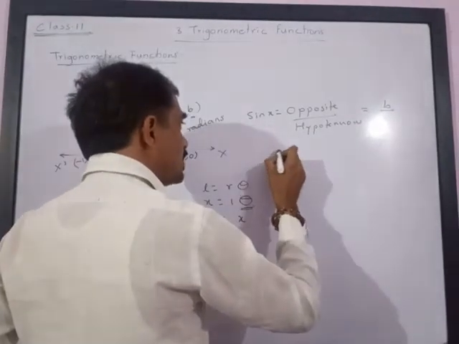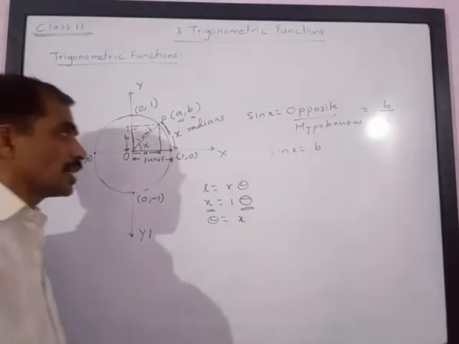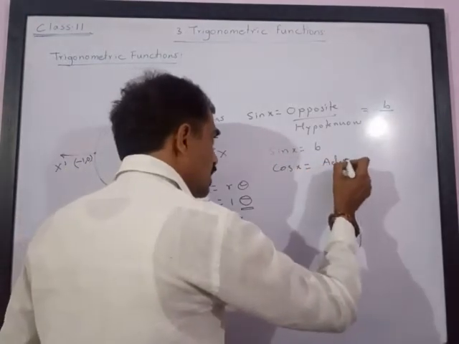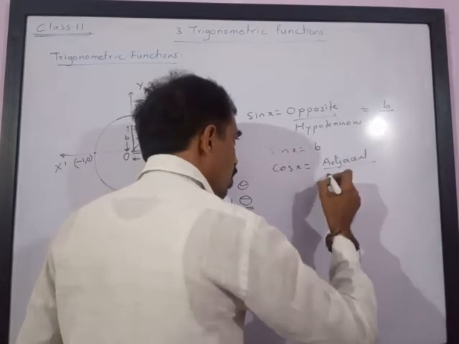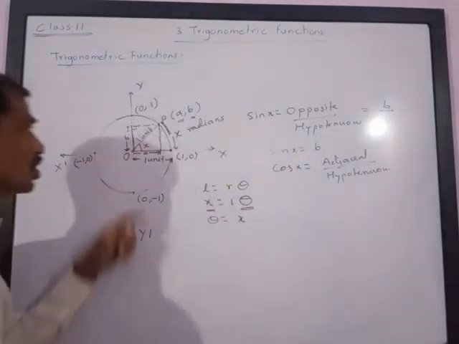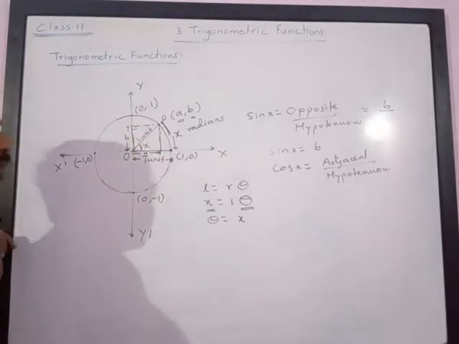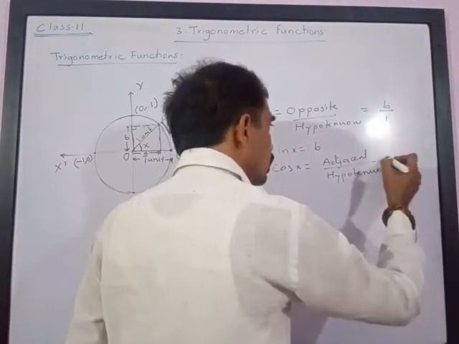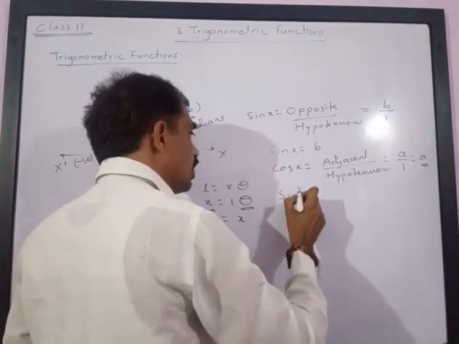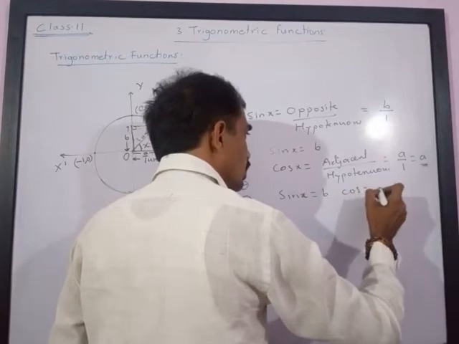So we get sin x is equal to b. Now let us see what cos x is. Cos x is equal to adjacent side upon hypotenuse. So cos x is equal to adjacent side a upon hypotenuse 1 unit. It means it is equal to a upon 1, that is equal to a. So thus we have got sin x equal to b and cos x equal to a.